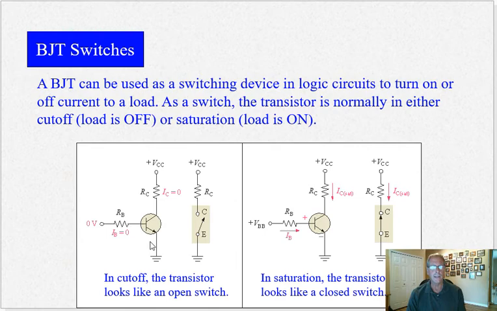Okay, so in cutoff, we have an open circuit between collector and emitter. In saturation, we have essentially a closed circuit between collector and emitter. All right, very simple concept. And transistors are used in this capacity quite often. Rather than in a linear fashion, we use them in on-off nonlinear applications.